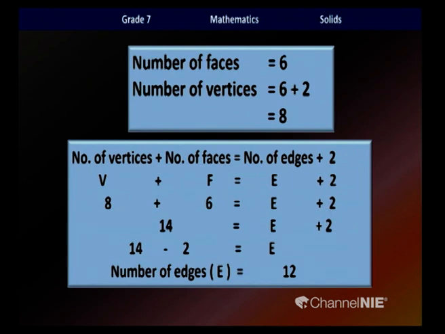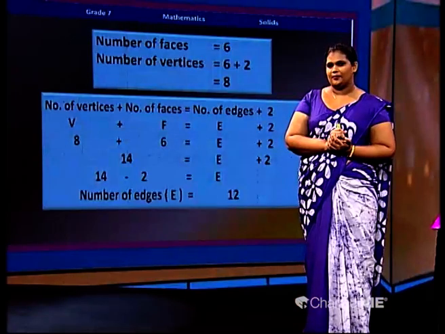Therefore, I have subtracted 2 from both sides. So, E plus 2 minus 2 becomes E. 14 minus 2 becomes 12. Therefore, we can get the value for E as 12. That means the number of edges is 12 in this solid.